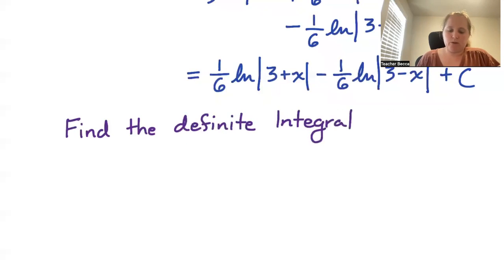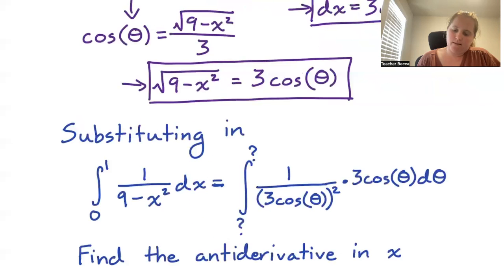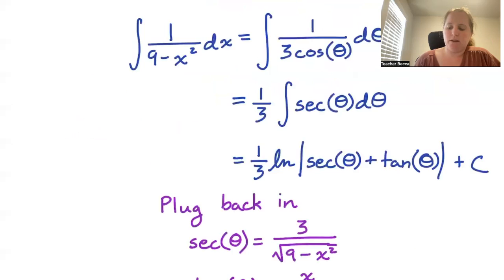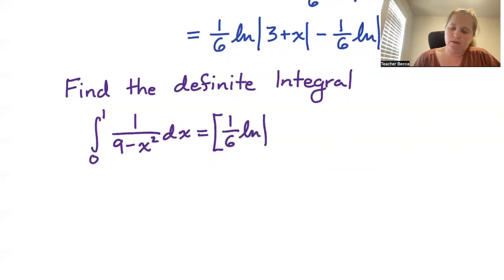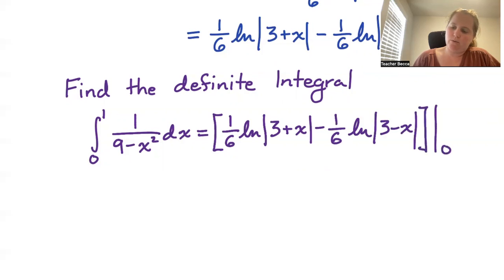So we were looking from 0 to 1 of 1 over 9 minus x squared dx. We have an antiderivative of 1/6 times the natural log of the absolute value of 3 plus x, minus 1/6 times the natural log of the absolute value of 3 minus x, evaluated from 0 to 1.